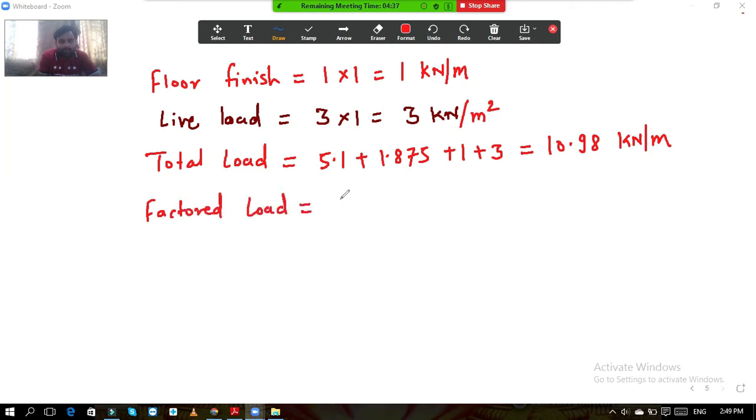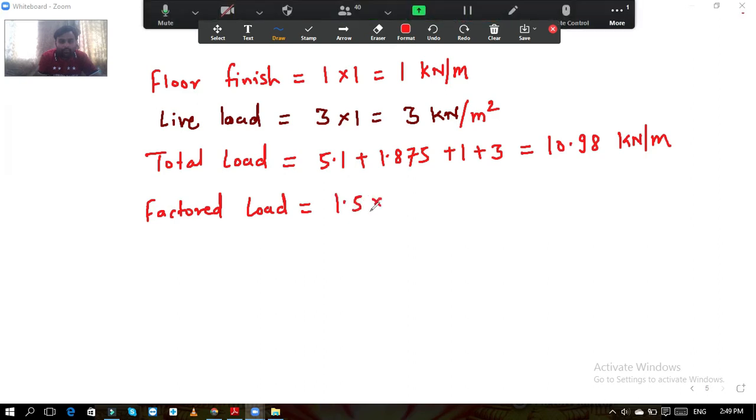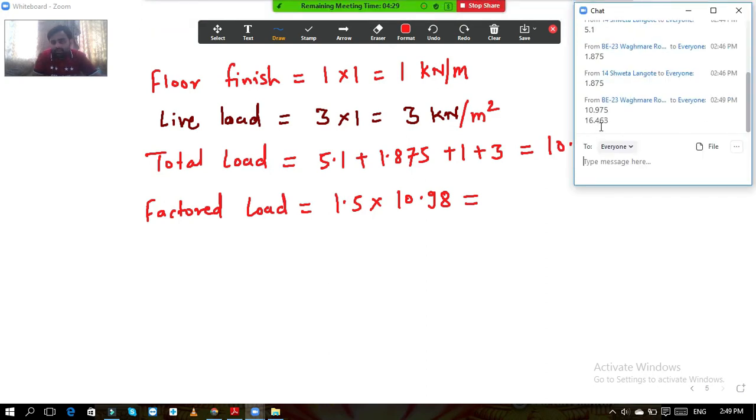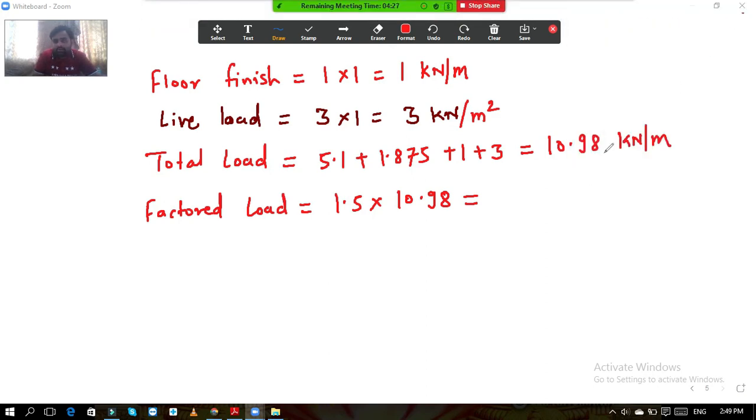So multiply this load by 1.5. 10.98, so the answer is 16.46 kilonewton per meter. This is the factored load. So after the calculation of this, these are the loads which are coming on the waist slab.